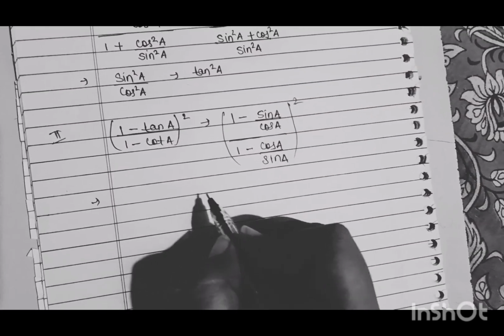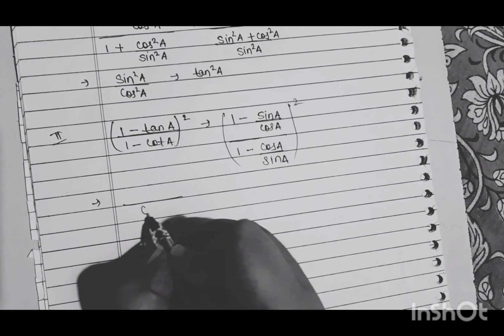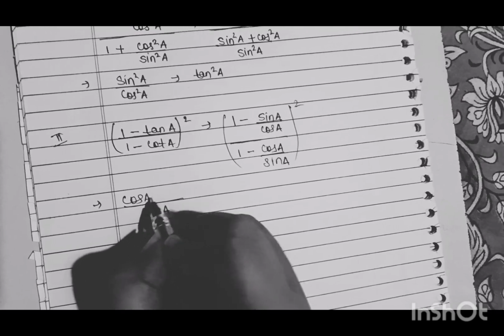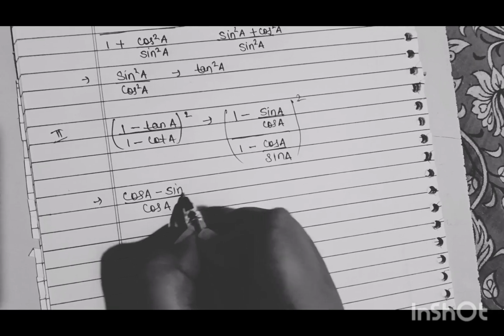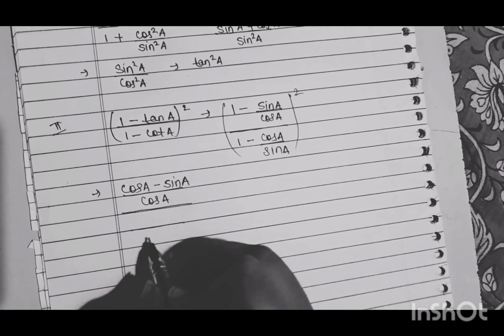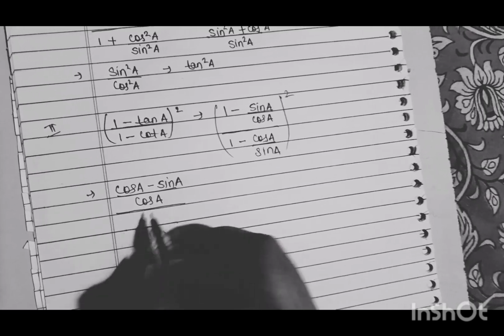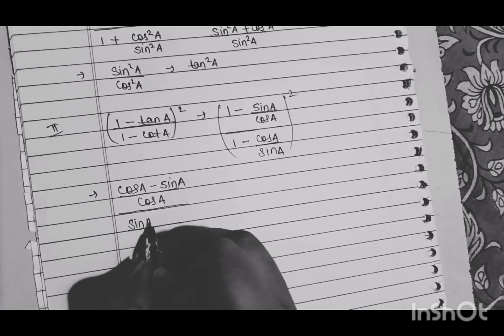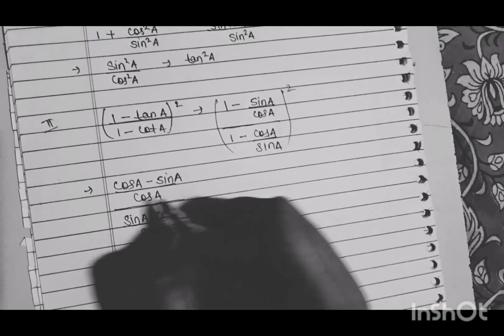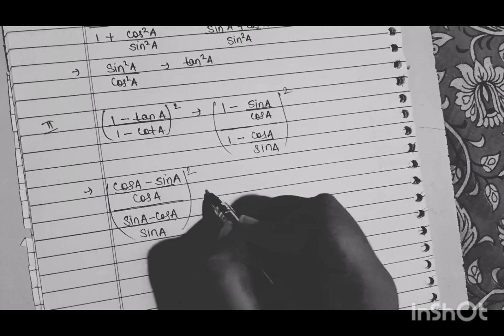Now we will take the LCM there, which is cos A minus sin A divided by sin A minus cos A, the whole square.